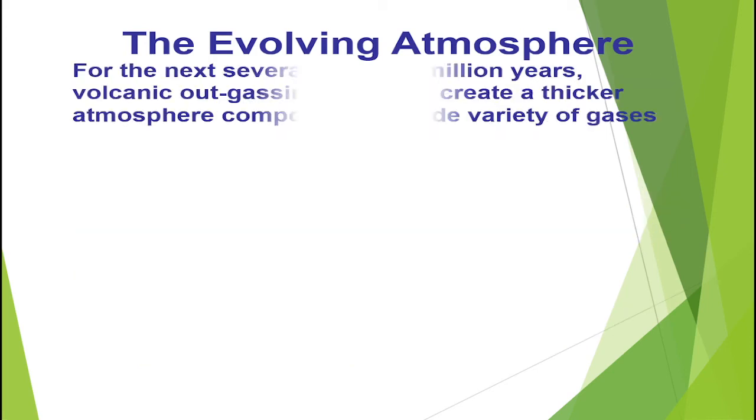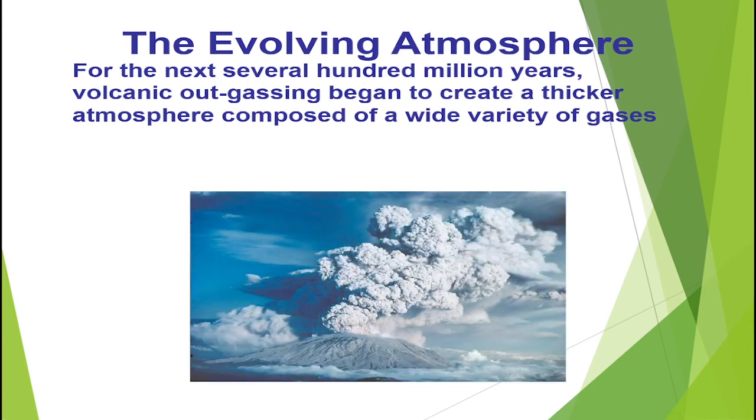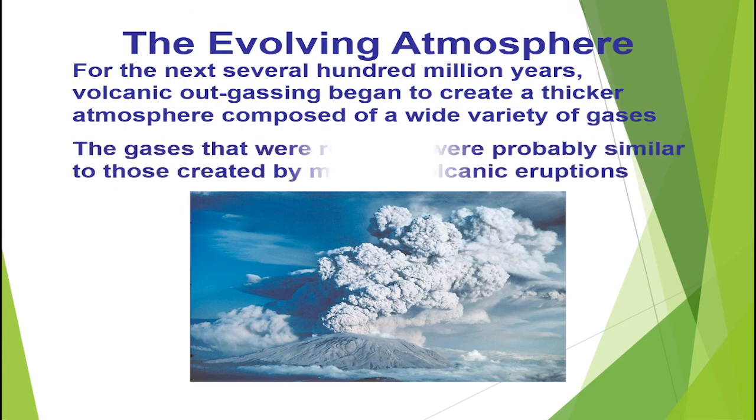For the next several 100 million years, volcanic outgassing began to create a thicker atmosphere composed of a wide variety of gases. The gases that were released were probably similar to those created by modern volcanic eruptions.